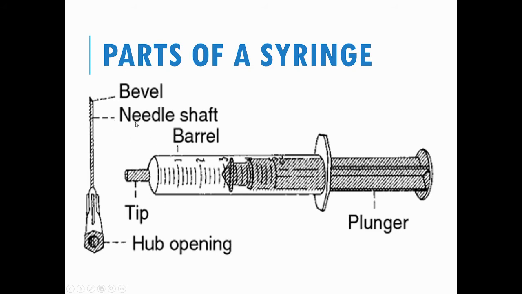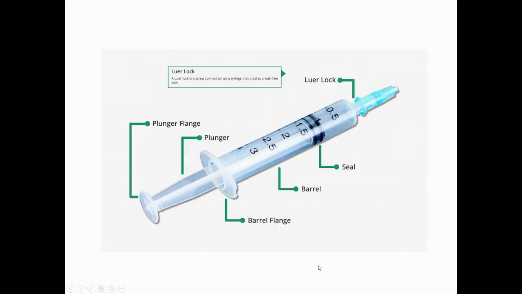This is the needle shaft or barrel of your needle. Here is the needle shaft, then the tip of your syringe, then the hub opening, which is where it is inserted, and you need to secure it properly. This is the barrel where your blood sample enters, and the plunger is used to pull back to create a vacuum so that you can obtain a blood sample.